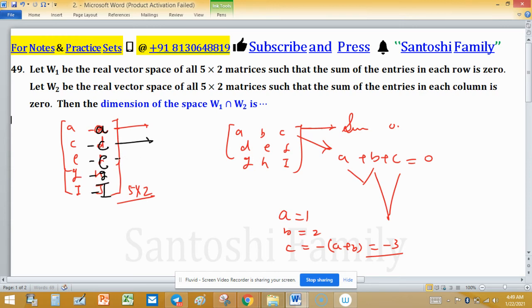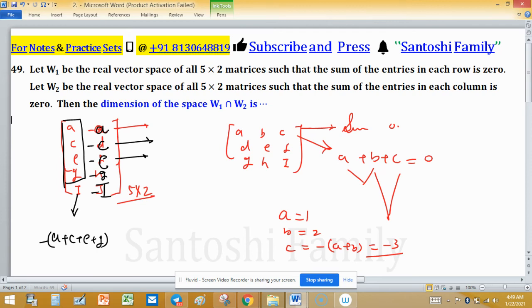This is the property of W1. By the property of W2, the column sum is 0. Suppose for convenience these four entries are independent choices, then the last entry depends on their sum. It means this last entry will be the negative of A plus C plus E plus G.